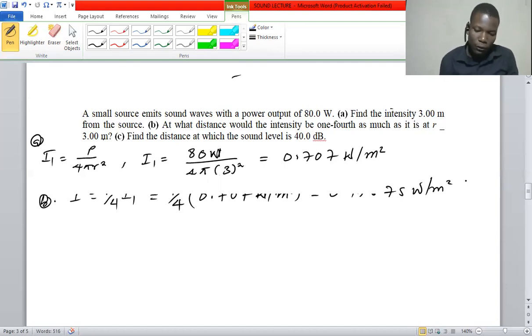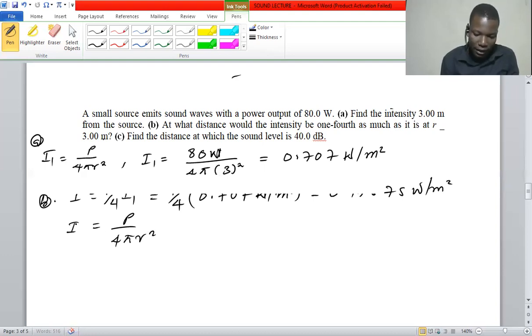So now we want to find the radius, the distance. At what distance? Now we have intensity being equal to power over 4 pi R squared.